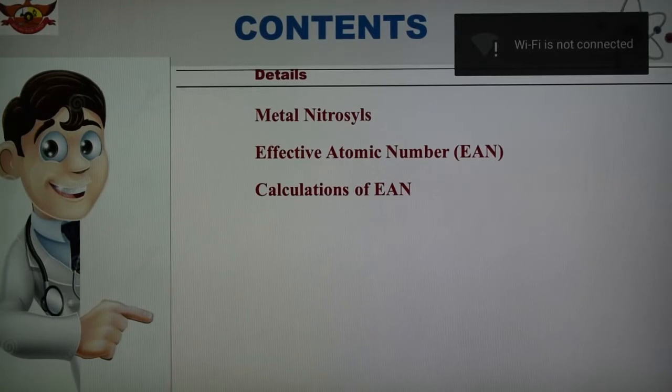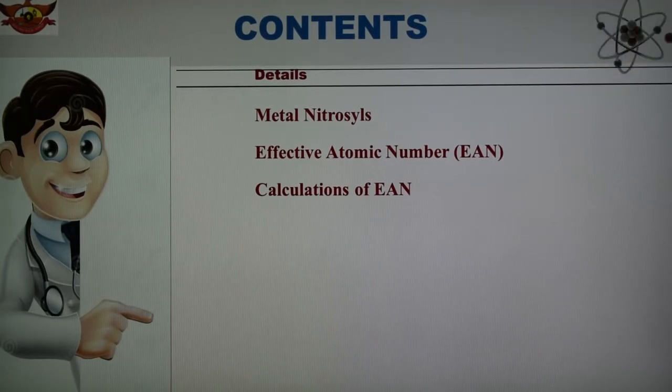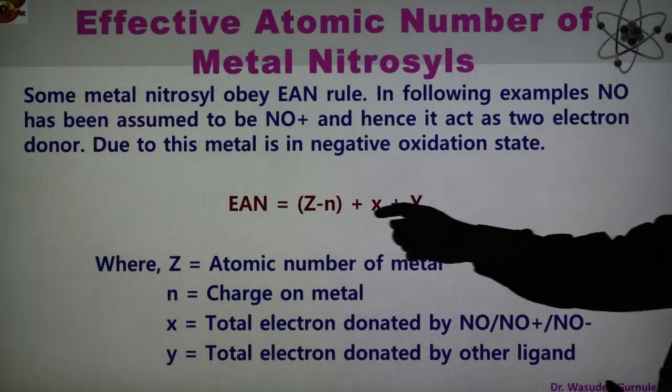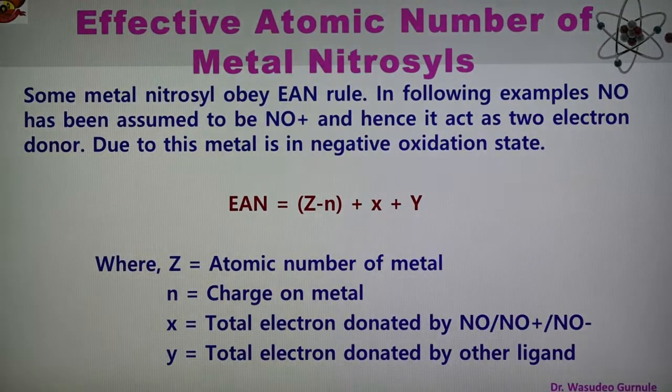So what is effective atomic number, and the examples of metal nitrosyls where we can calculate EAN. It is observed that most metal nitrosyls obey the EAN rule. There are some examples of metal nitrosyls in which the ligand is NO, NO plus or NO minus. Here the formula is shown to calculate the value of EAN.